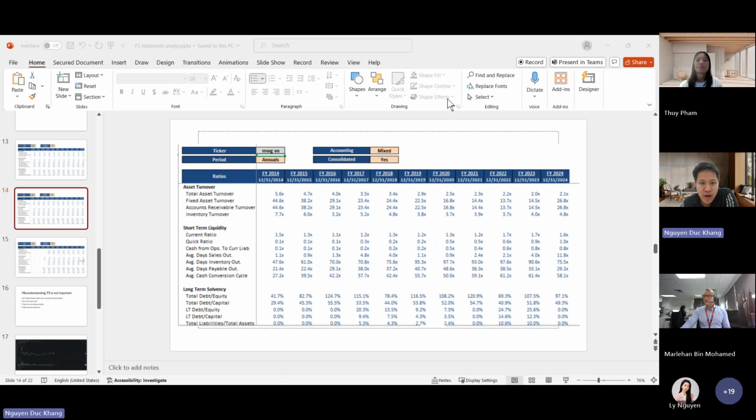You can see that in the past, MWG maintained a quick ratio of around 0.2 or 0.5 times. So it's quite low for a trading company because, like you said, they have cash but they maintain quite a lot of debt. They try to exploit the gap between the lending rate and the saving rate.